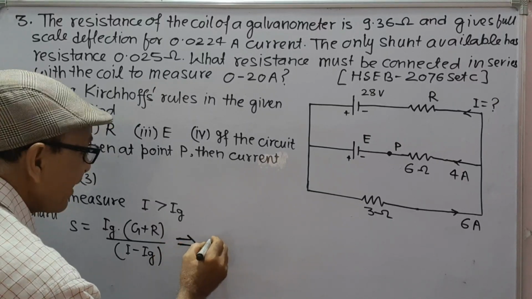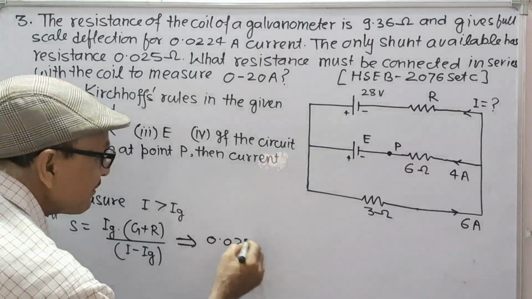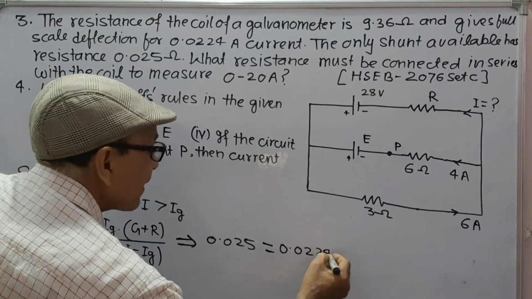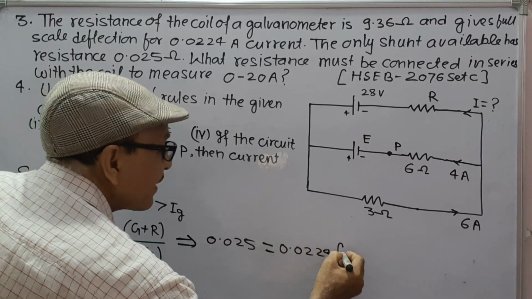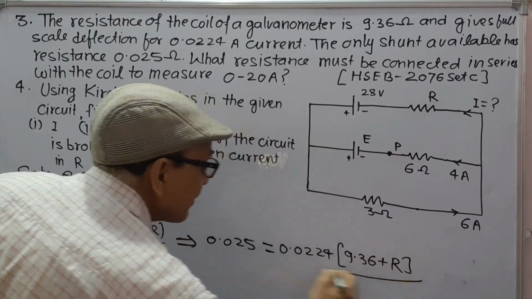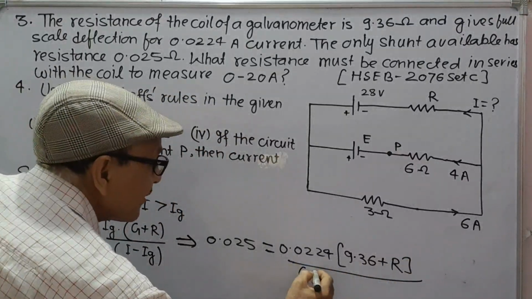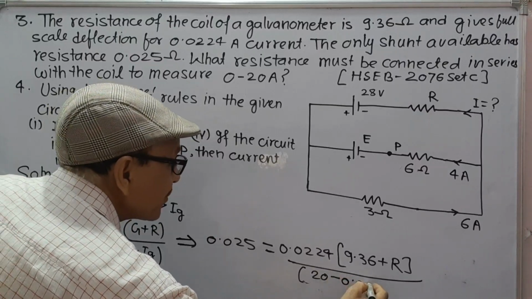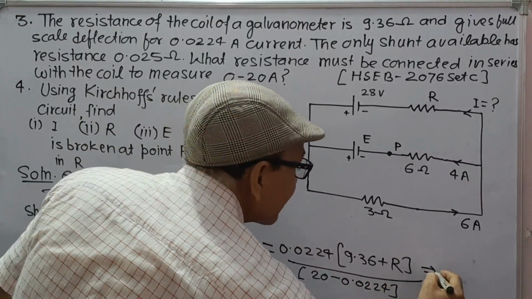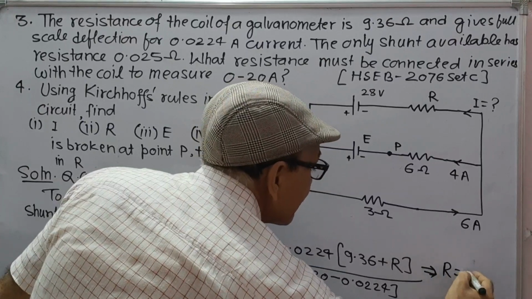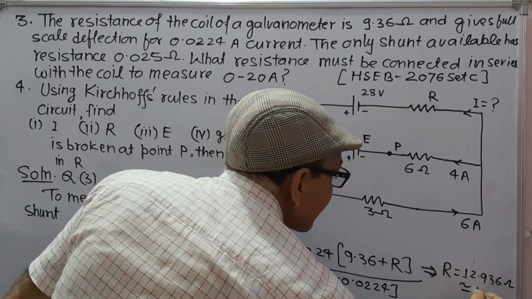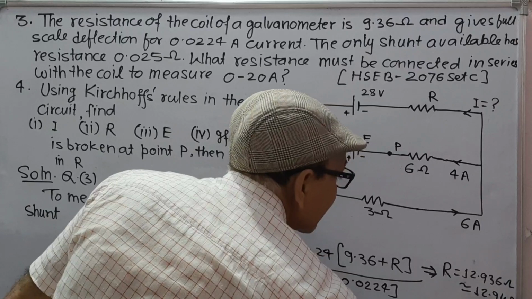This means that S is 0.025 is equal to Ig, 0.0224, into G, 9.36 plus R, unknown, upon I, 20 minus 0.0224, which gives R is equal to 12.936 ohm, which is nearly 12.94 ohms.